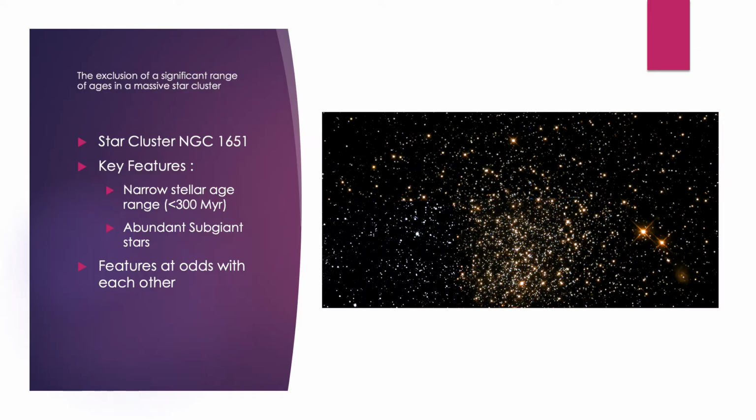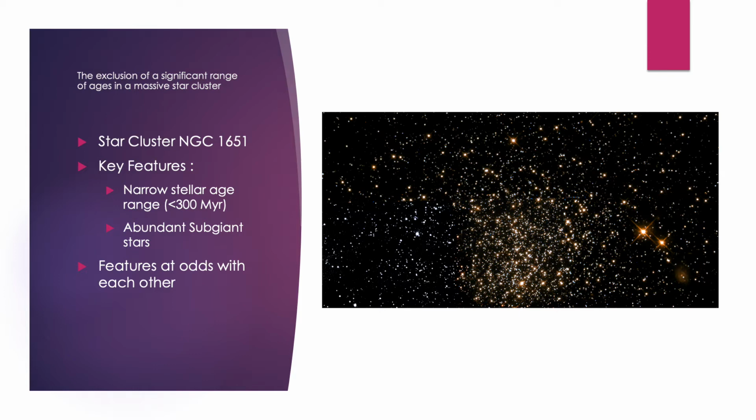In the field of astronomy, stellar rotations are still not quite understood yet, so researchers try to figure out exactly what is going on by looking at star cluster NGC 1651, as pictured on the right. Two key features of this star cluster are that it has a narrow stellar age range of 300 million years, which, while fairly old to us, is pretty narrow when it comes to stars and the evolution of stars in their entire lifetime.